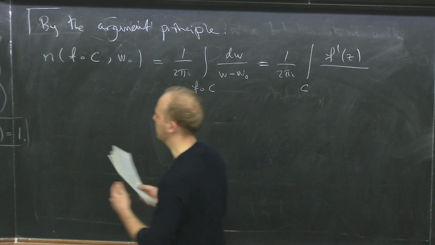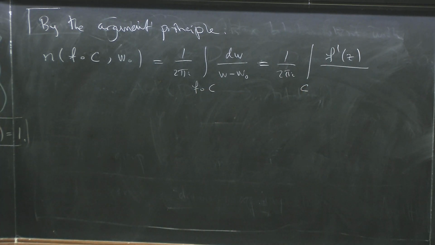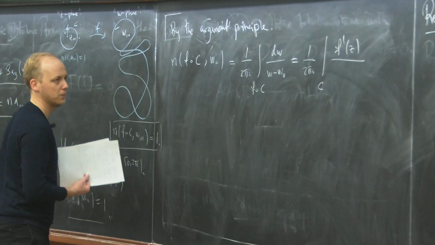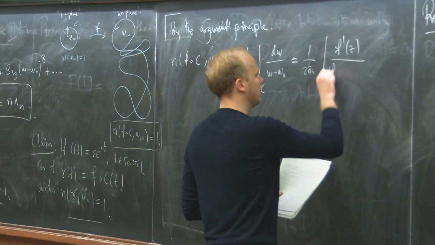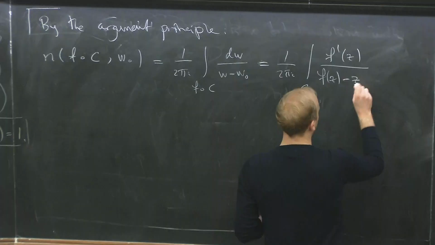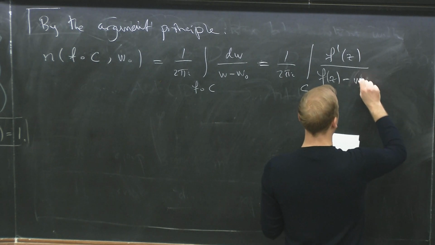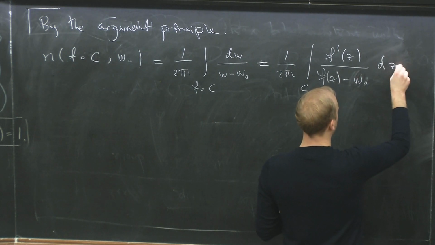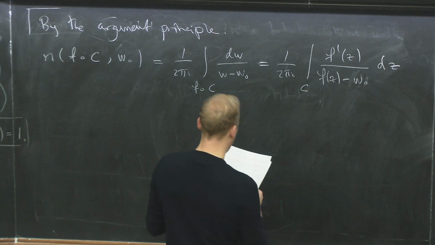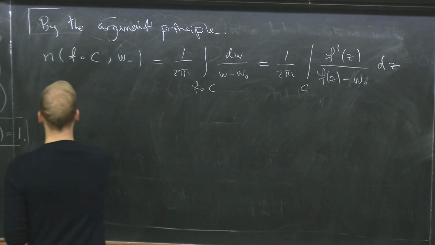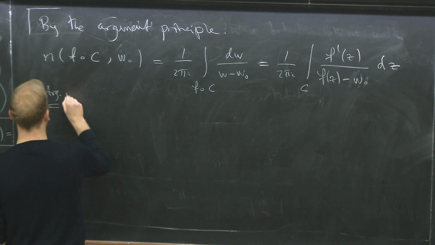So just now we moved from this very complicated curve in the w plane to this very simple circle in the z plane. So we integrate over this minus w0 dz. Okay, and then by the argument principle, so this is where we use it.